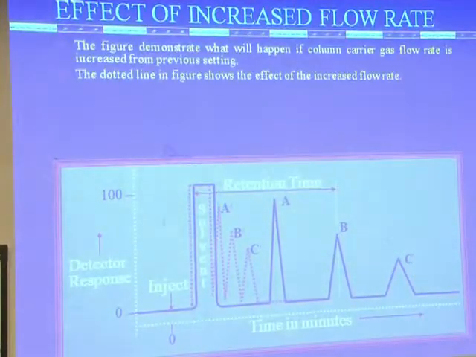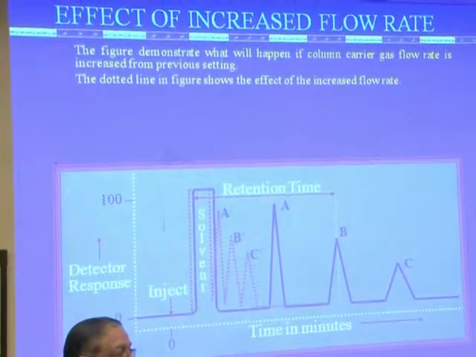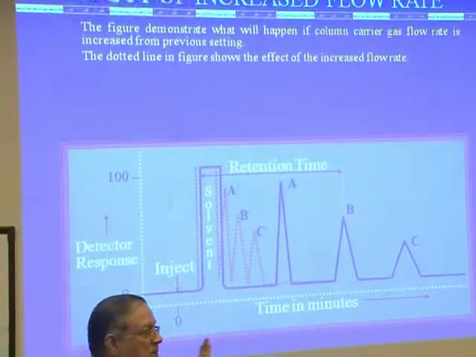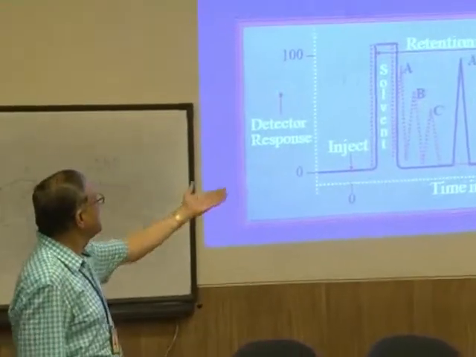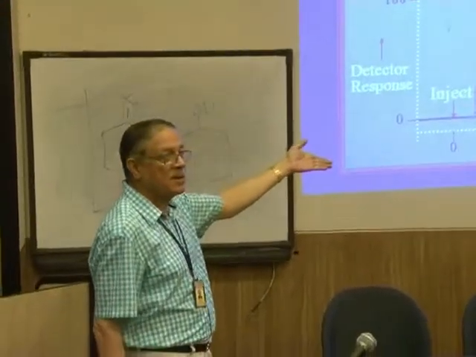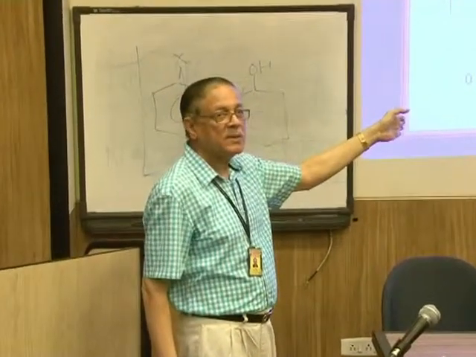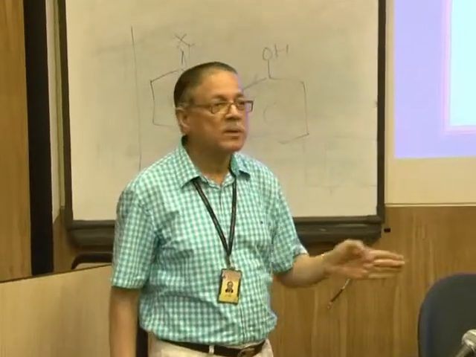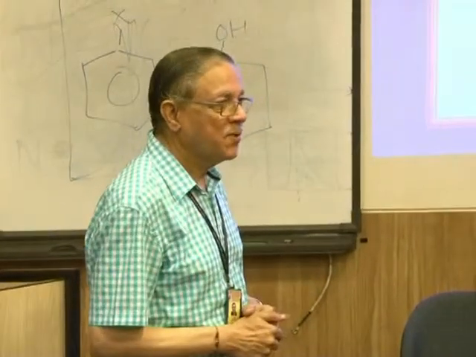Now the reverse way. If the flow rate increases, see, all the peaks are eluting near the solvent, so close to the solvent peak that it is not acceptable to any chromatographer, not at all. So we shift by decreasing the flow.